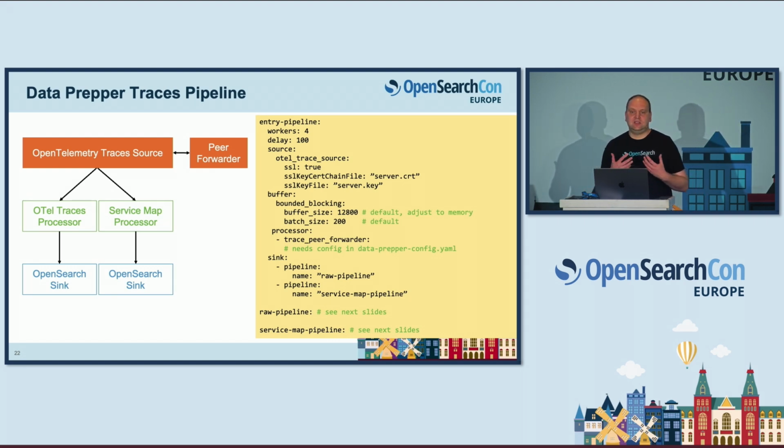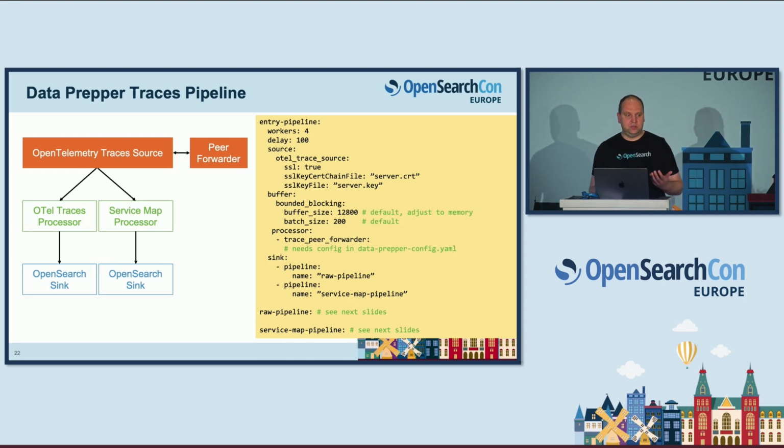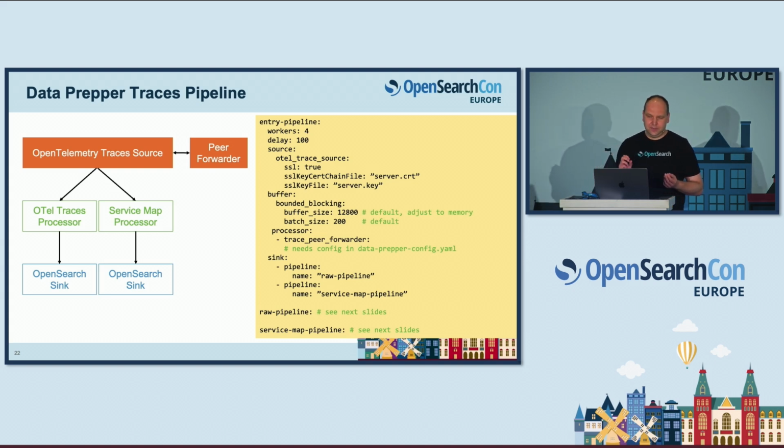So processing traces is a stateful operation. It's an aggregation in Data Prepper. If you run multiple instances of Data Prepper for high availability, for throughput, something like this, then they need to exchange the state. And this is what the peer forwarder does. So this you need to configure always if you have more than one instance.